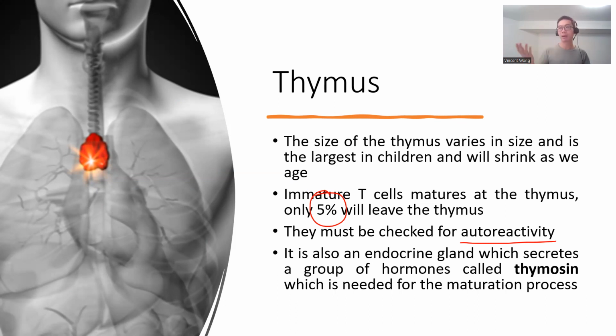If they end up coming out, then a person could have autoimmune disease. So things like lupus, things like ALS. These are autoimmune diseases where you have autoreactive cells that are attacking your own body structures. The thymus is also able to make a hormone called thymosin, and that's going to help with the maturation process.